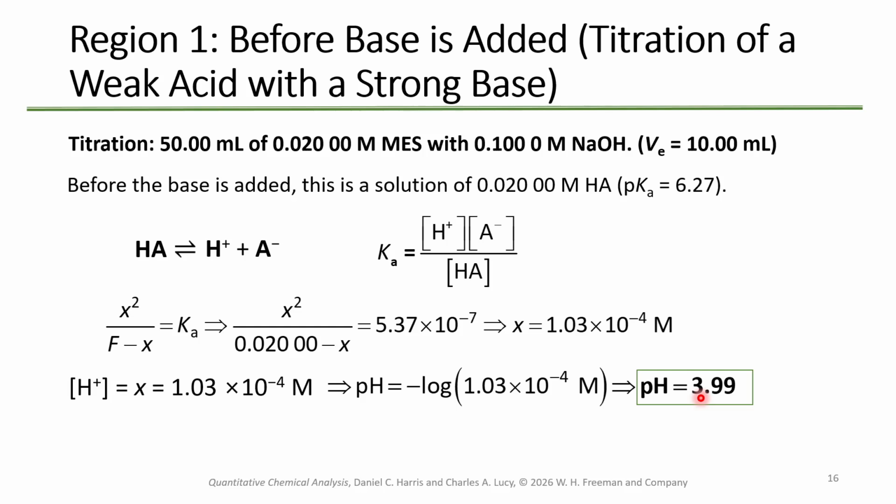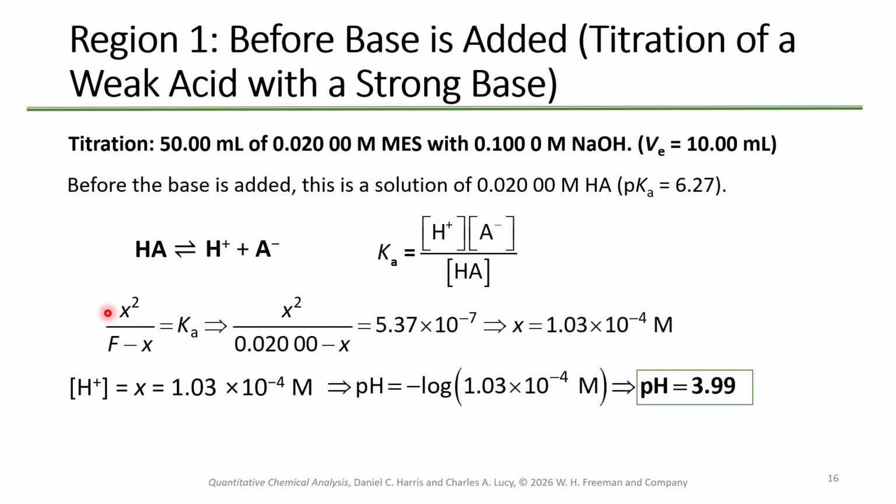Okay. Now the next thing we have to deal with is let's go ahead and look at the acid reaction so we can figure out the pH. So before this base is added, your solution would be 0.02 molarity of HA. That has a pKa of 6.27. And so if we go ahead and plug this into our normal expression we've been using to figure out the concentration of H+ / A-, right, in all these problems.